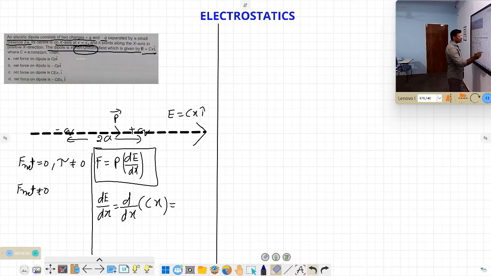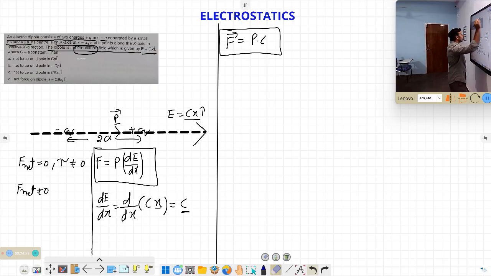C is a constant, so C into dx by dx, which is 1, gives you C. So the force acting on it is simply P into C. Since the dipole moment and electric field are both in the same direction, the force also will be in the same direction.